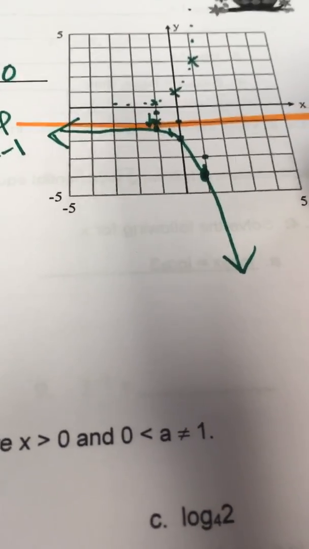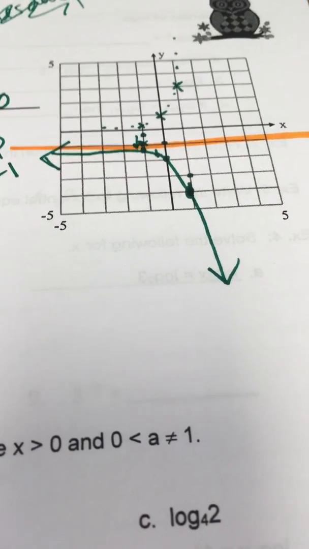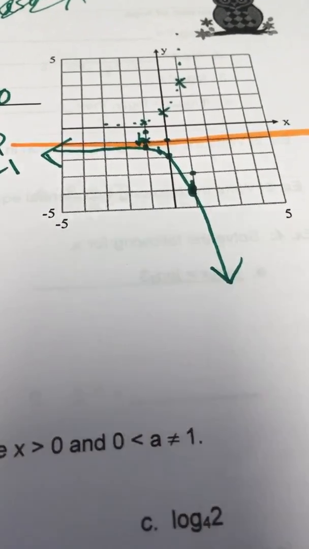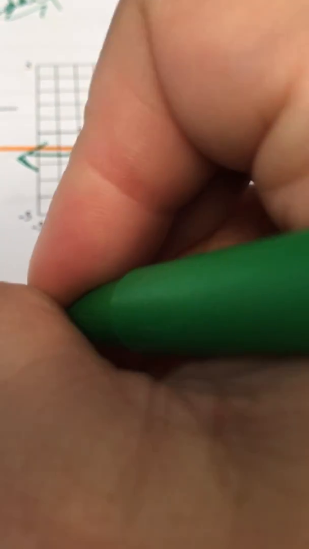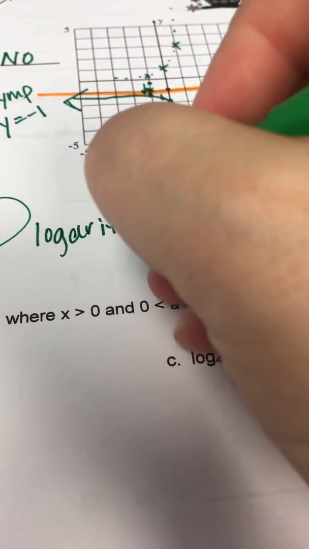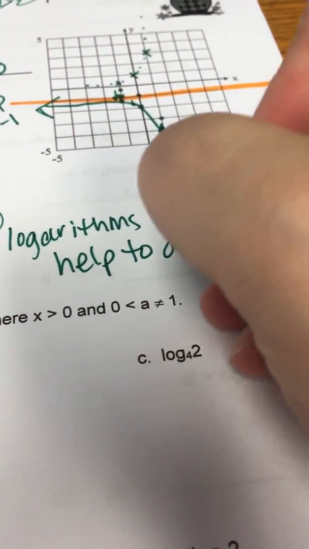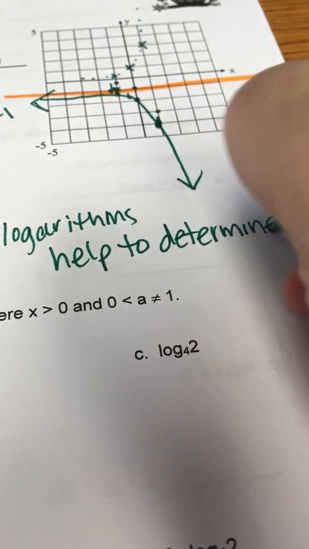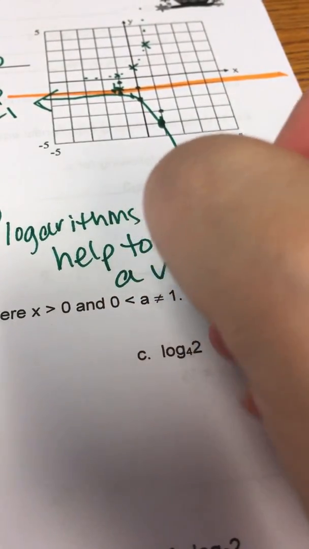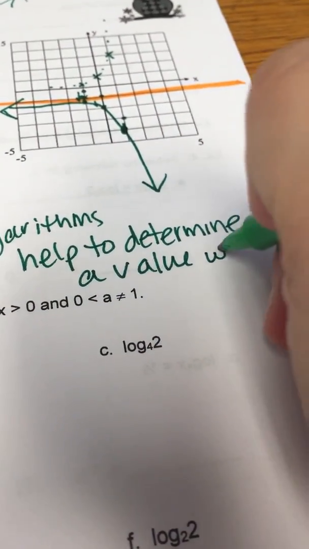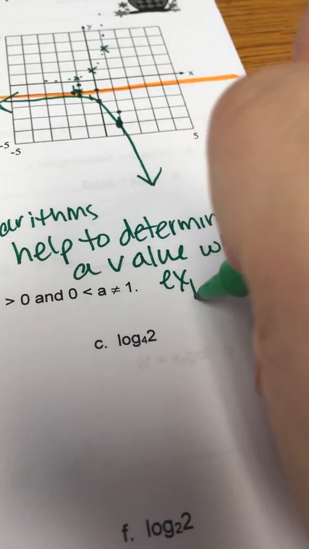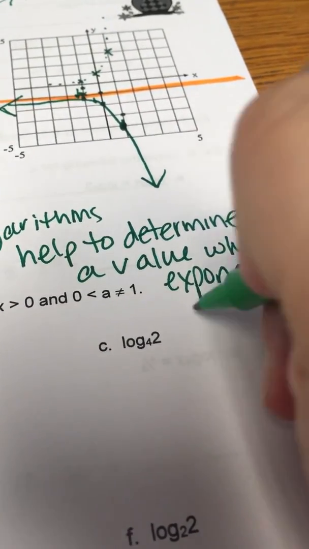All right, so we are going now to shift a little bit into logarithms. So we're going to study logs a little bit. So a logarithm helps to determine a value when the exponent is the variable.